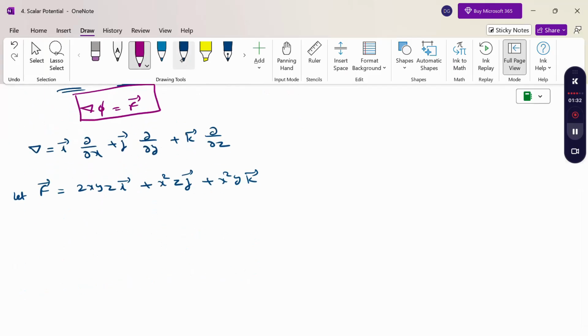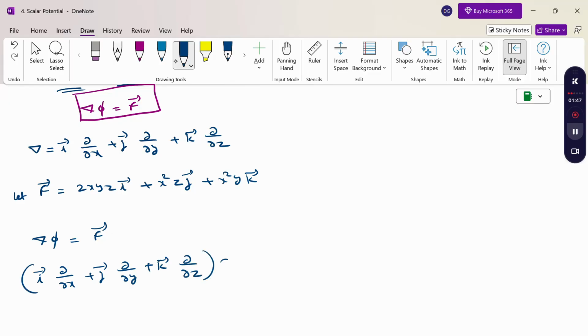Del is i vector dou by dou x, j vector dou by dou y, k vector dou by dou z, so del pi equals the right hand side value, our f vector, which is 2xyz i vector, x square z j vector, x square y k vector.